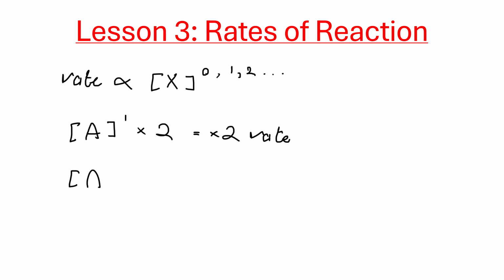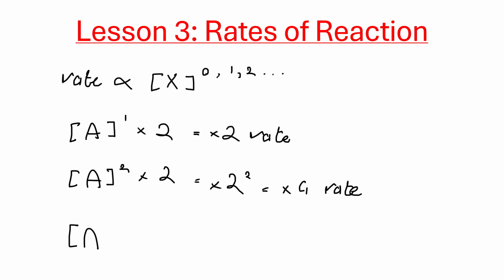If A was a second order reactant, if I double the concentration, my rate would quadruple. A special case you need to be aware of is a zero order reactant. No matter what factor you multiply the concentration by, your rate will stay constant.